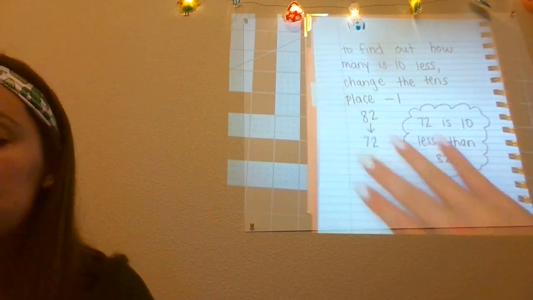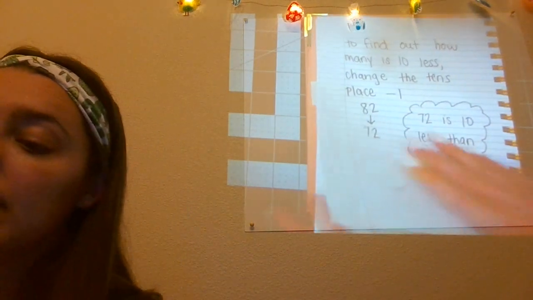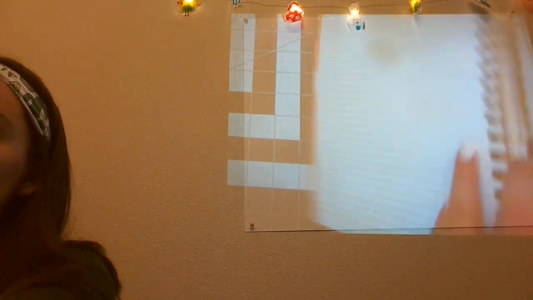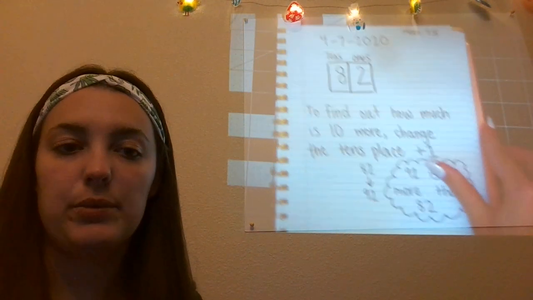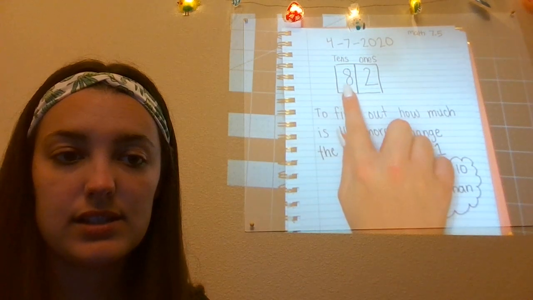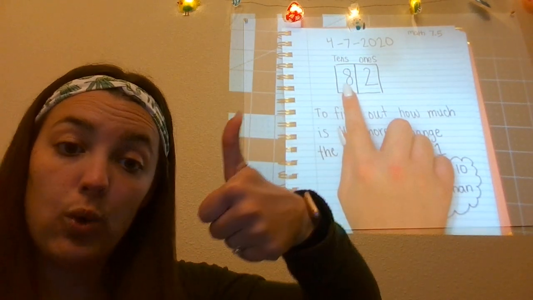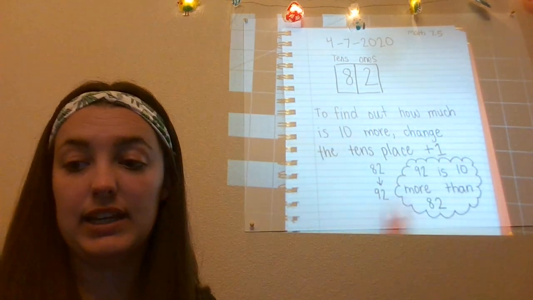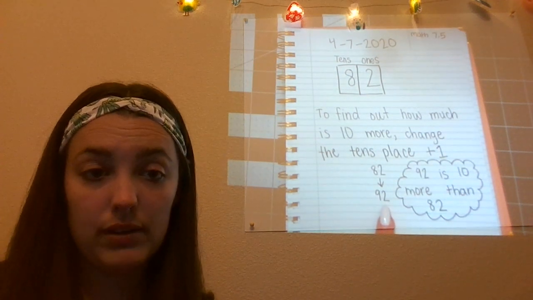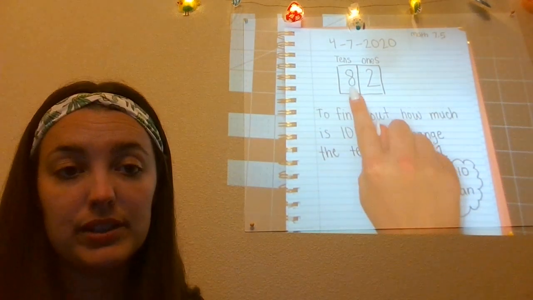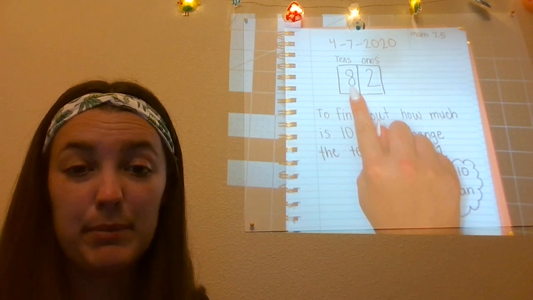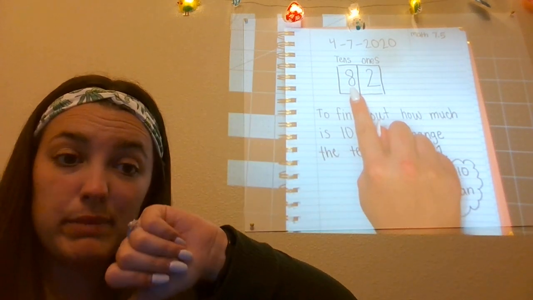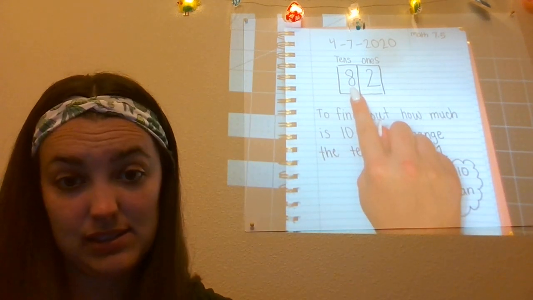So you should be able to tell me which number is in the tens place. If I make that number 1 greater or 1 bigger, that's going to give me 10 more. If I take that number in the tens place and I make it 1 less or 1 smaller, then I'm going to get 10 less.